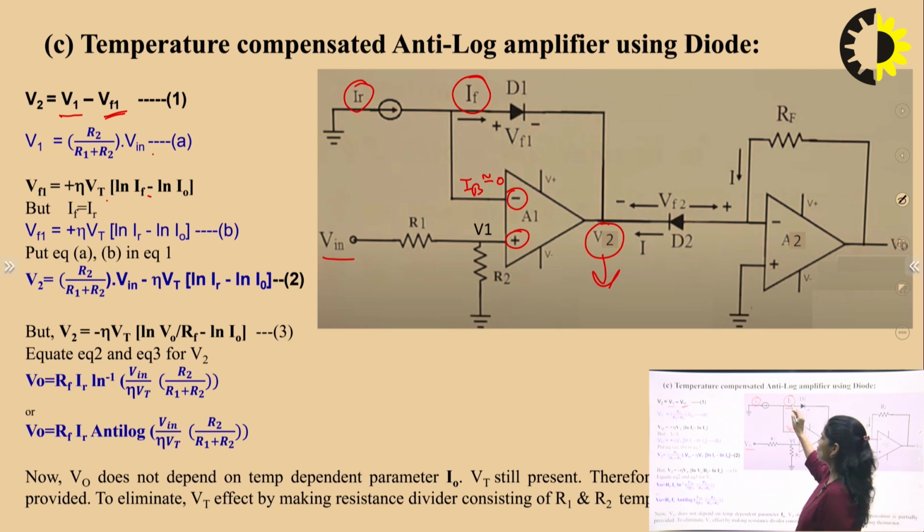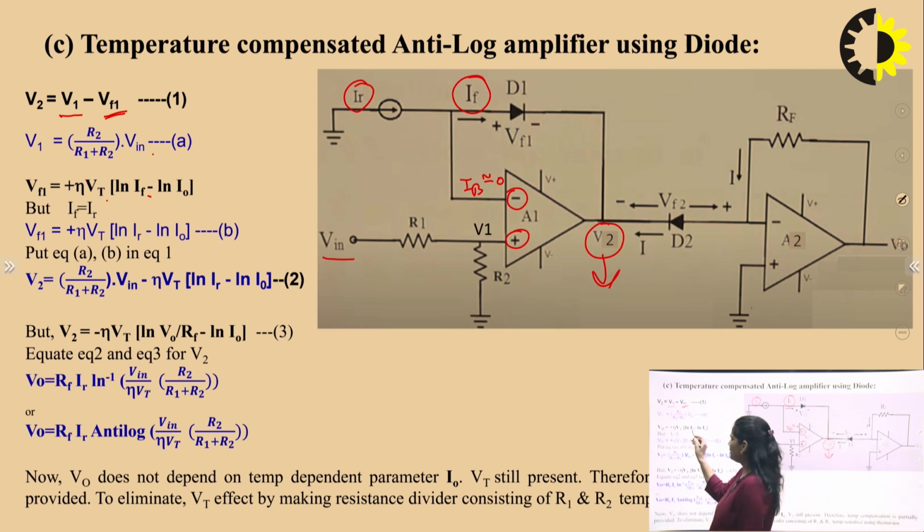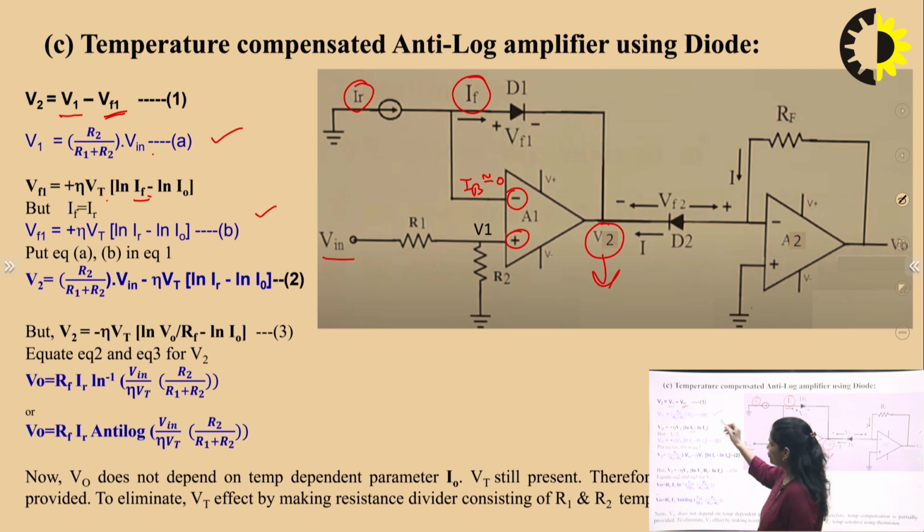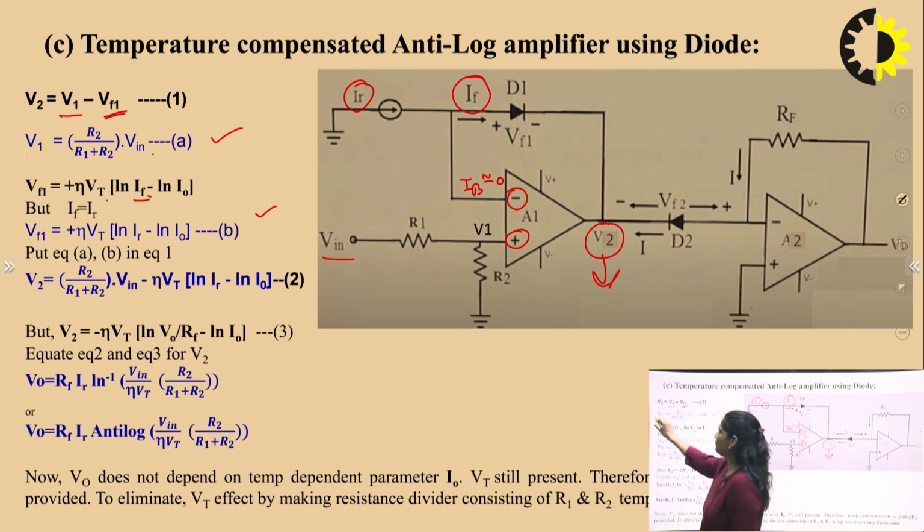So IR is equal to If, and we can put IR in place of If. So VF1 is equal to plus eta Vt ln IR minus ln I0. Now this equation A and equation B, the values of V1 and VF1, put in equation 1 and you can find out V2.